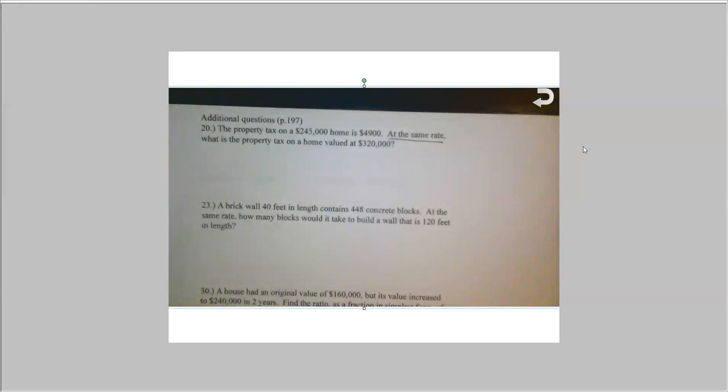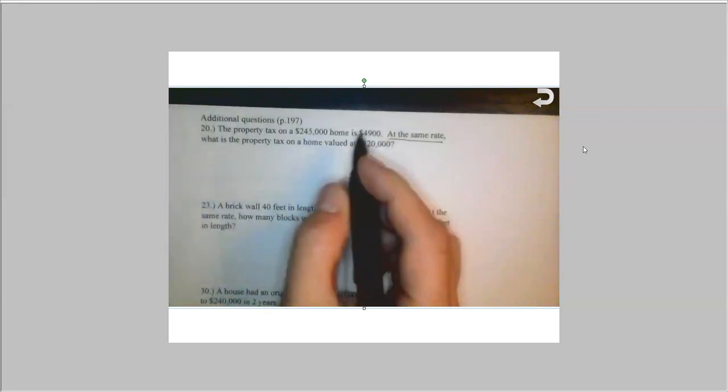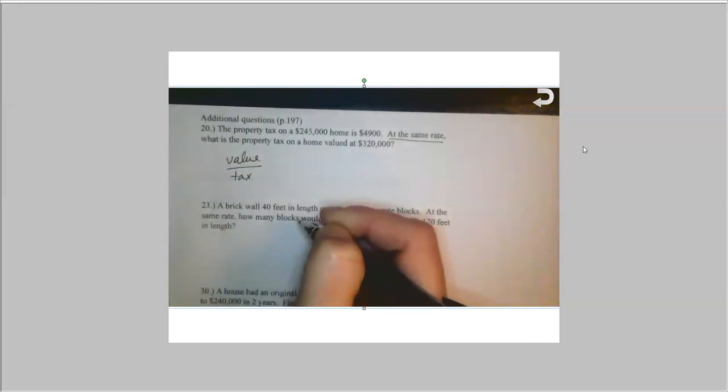When you set up a rate, it does not matter the way that you set it up to help you solve a proportion. So what I'm saying is you've got to be consistent on the left side and the right side. So for me, because of what numbers were presented to me first, I have the home's value and then the tax on that home. So that's just how I'm going to set up my proportion.